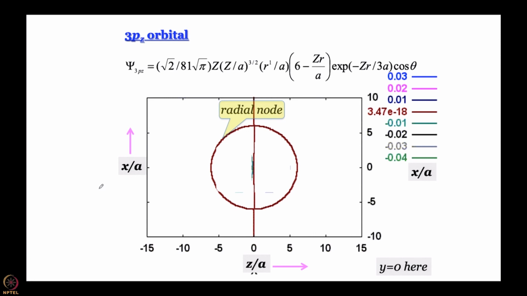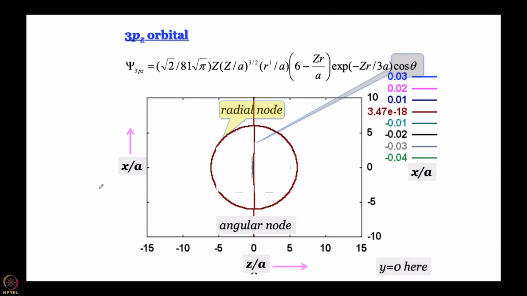Now, without showing you that good looking picture to start with, let us see how we can draw the wave function without actually plotting it completely, actually working out the numbers, how we can draw the contour plot. So, what you do is first of all draw the radial node, then draw the angular node, cos theta equal to 0, that is z equal to 0.